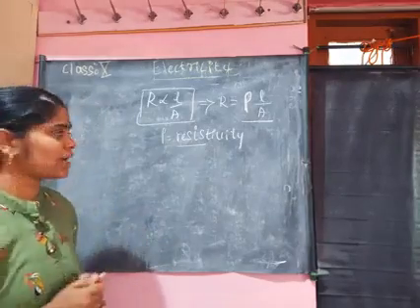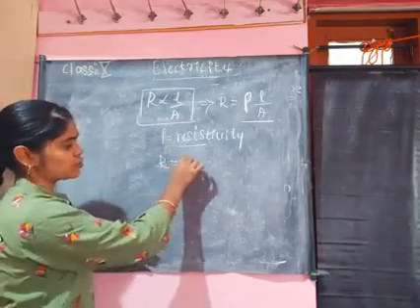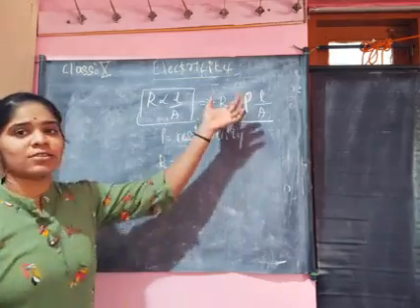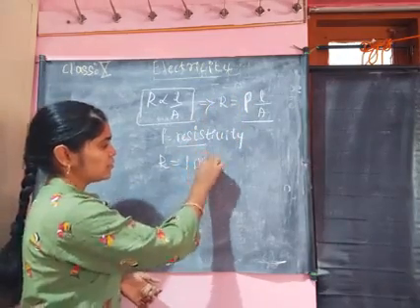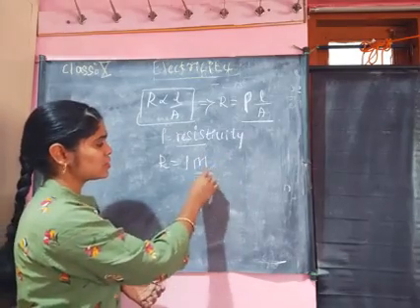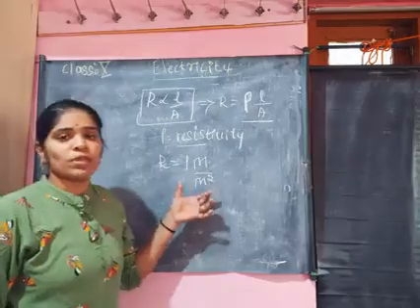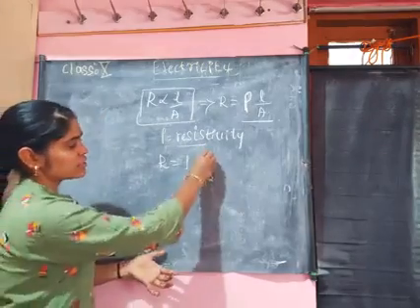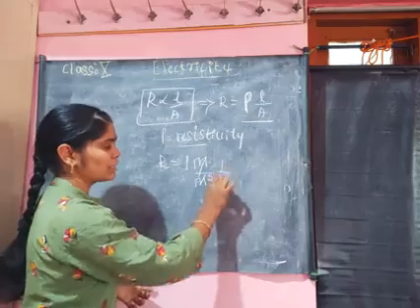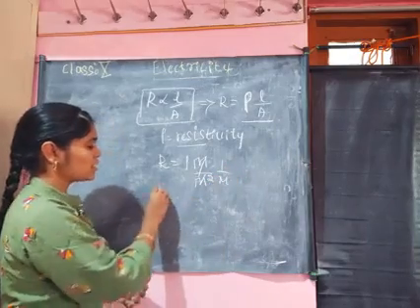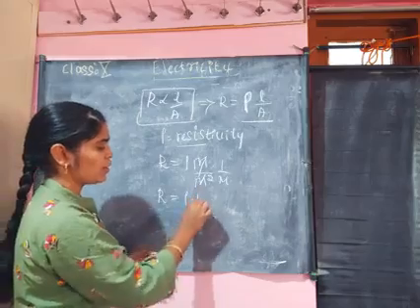R equals rho into L by A. Length is measured in meters and cross-sectional area in meter squared. When these cancel, we are left with 1 by meter.